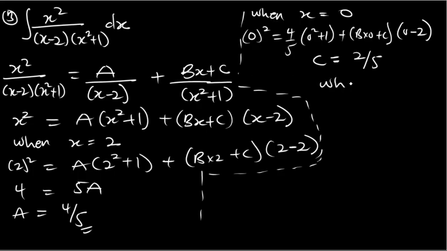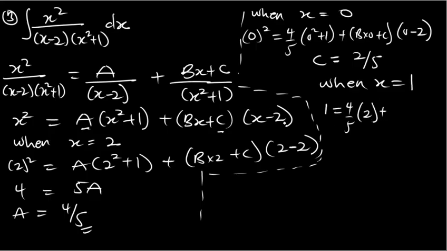And you can bring in when x is equal to 1. You can put in the value of 1 and put in the value of a, c, and you get your final answer. So that will be 1 squared will be 1. This a, which is 4 on 5. 1 squared, that will be 2. Are we okay?